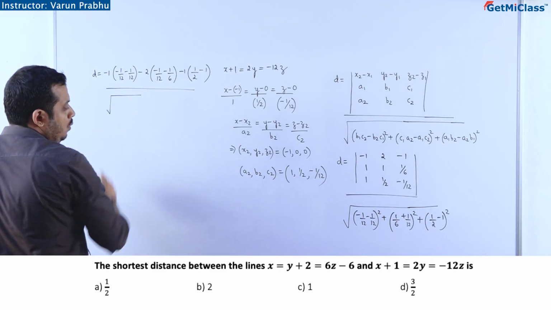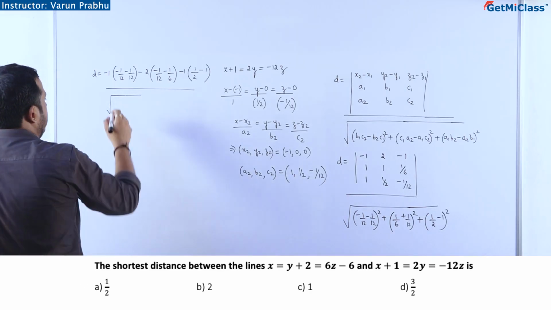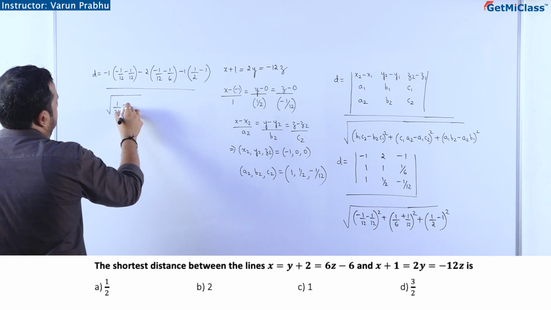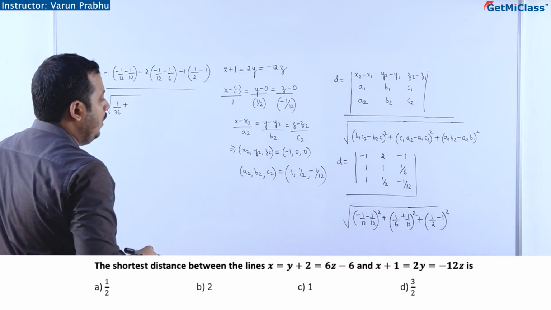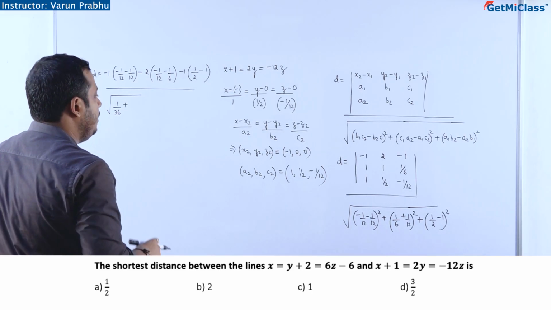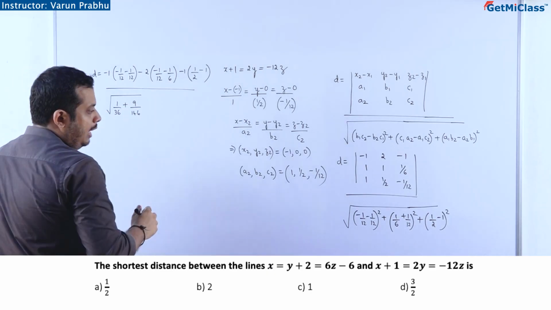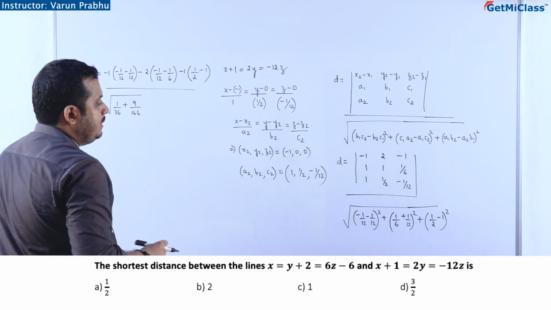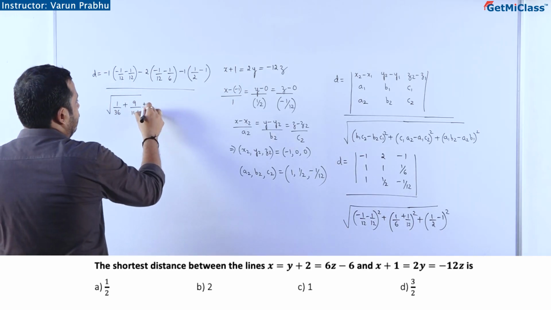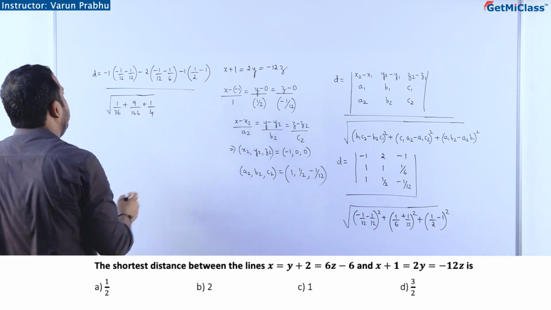root over (minus 1 divided by 6 the whole square, which is 1 by 36) plus (1 by 6, that is 3 by 12, squared, which is 9 divided by 144) plus 1 divided by 4.